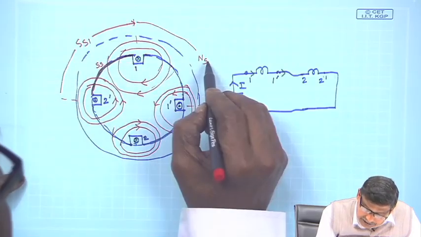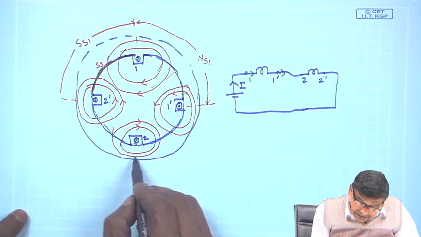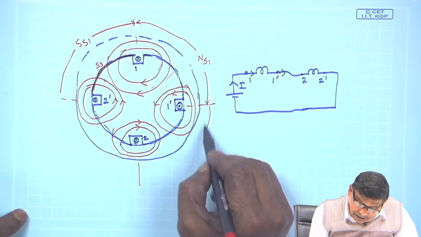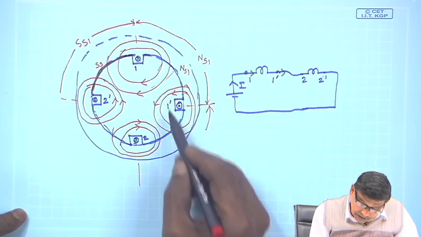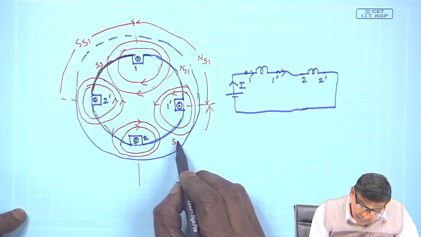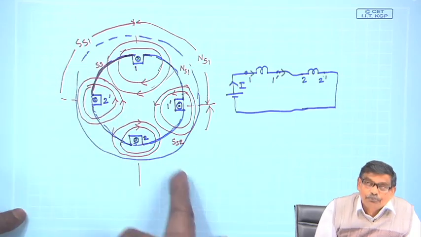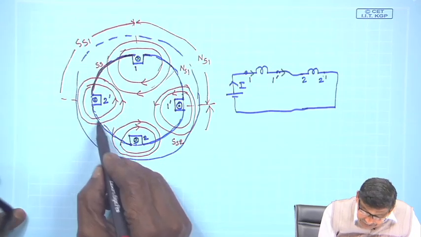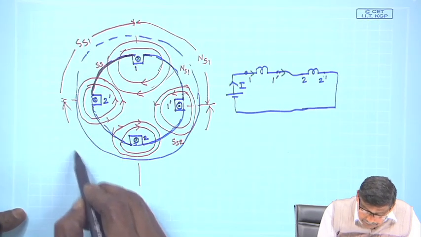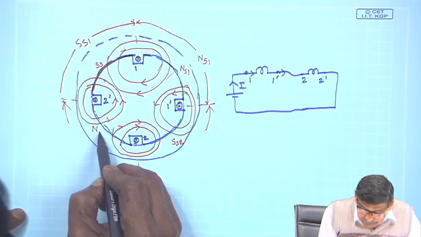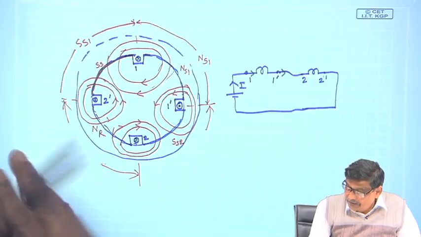Put it as SS1, NS1. Similarly this quarter here will be NS1, and this quarter will once again be a south pole, let me call it SS2, the second south pole of the machine. Here once again lines of force are coming out, so this quarter will become a north pole. Therefore, I have now been able to produce 4 poles.